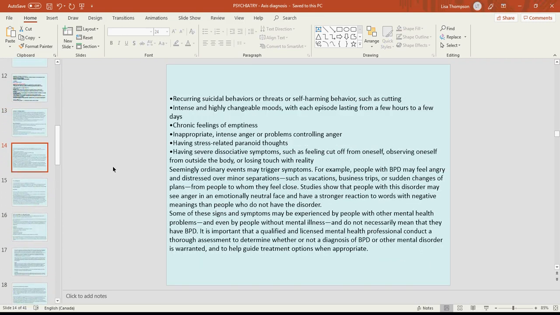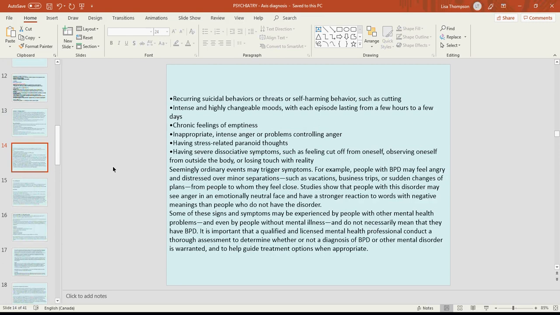There's also recurring suicidal behaviors or threats, or self-harming behaviors such as cutting. Intense and highly changeable moods, with each episode lasting from a few hours to a few days. Chronic feelings of emptiness, inappropriate, intense anger or problems controlling anger, having stress-related paranoid thoughts, having severe dissociative symptoms such as feeling cut off from oneself, observing oneself from outside the body, or losing touch with reality.